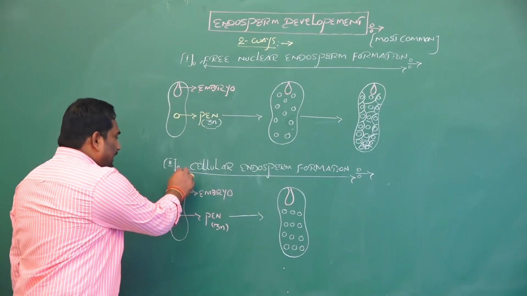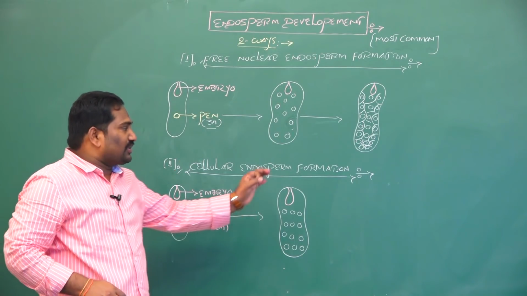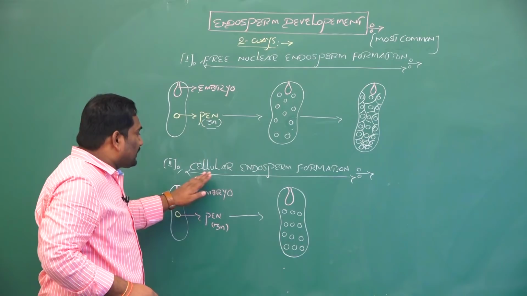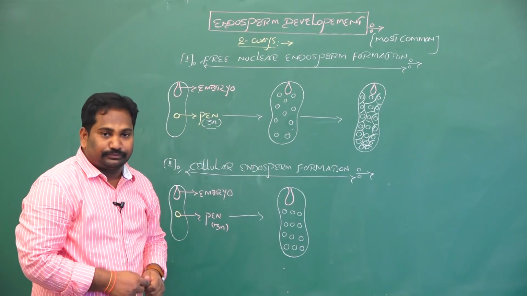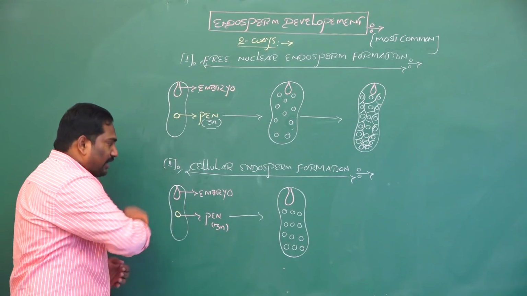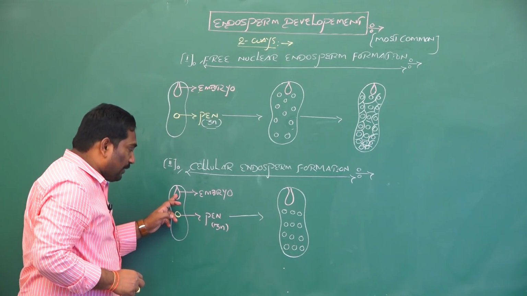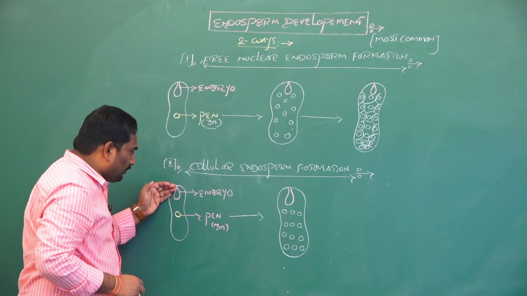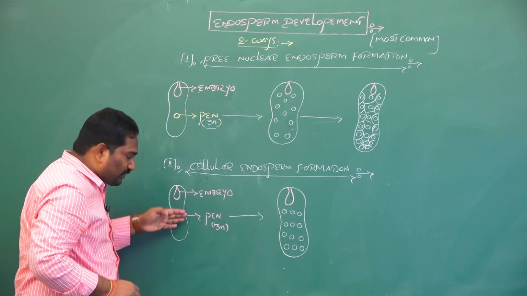The second method of formation of endosperm in angiosperms is cellular endosperm formation. This is the female gametophyte or embryo sac, and this is the embryo, getting nutrition from the endosperm.